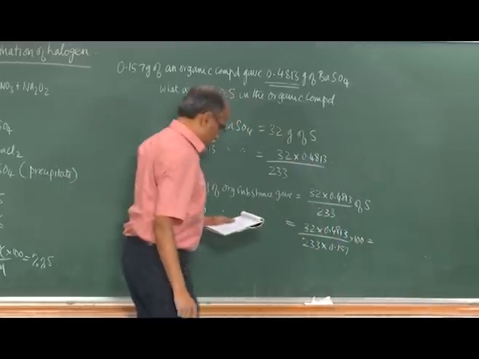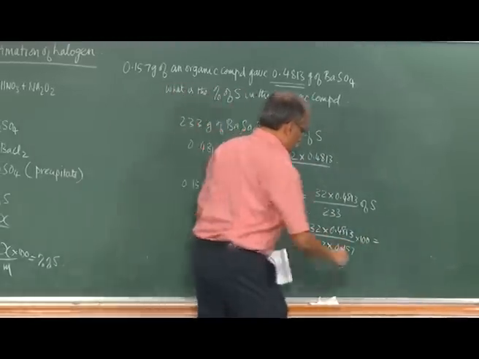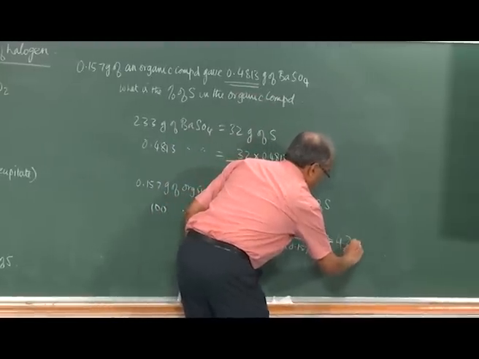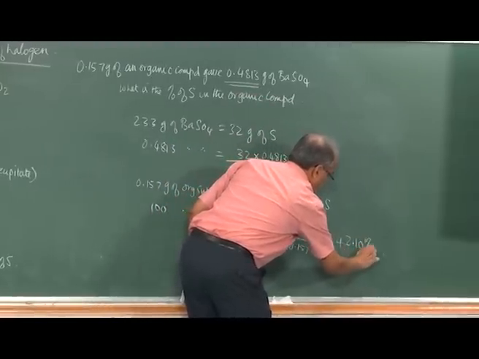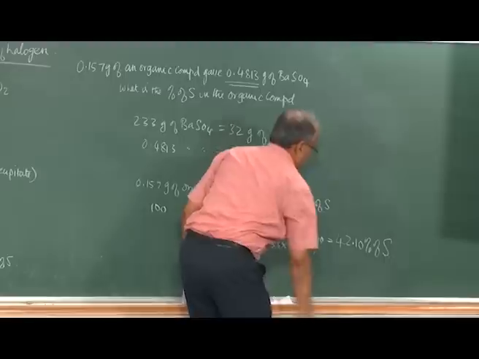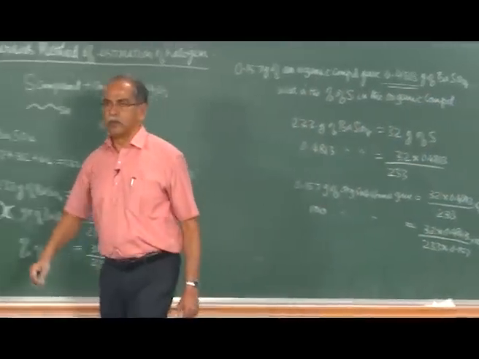If you work this out, it corresponds to about 42.10% of sulfur being present in the organic compound.